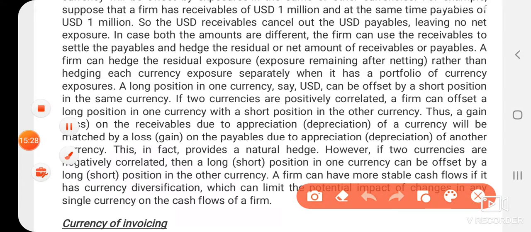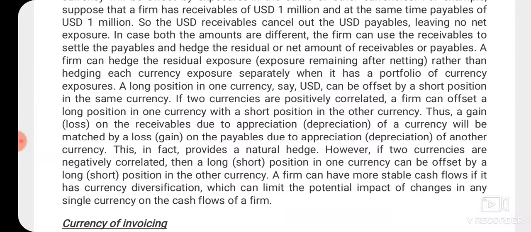One party chooses the long position in US dollars, and offset here means consideration, so it is balanced by a short position in the same currency.